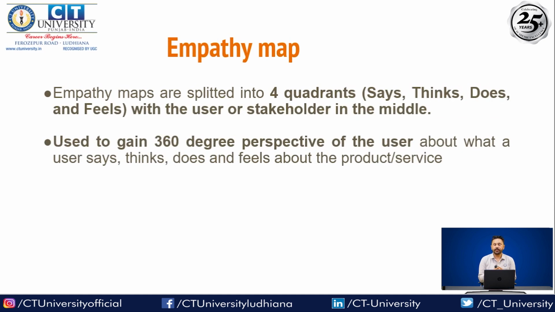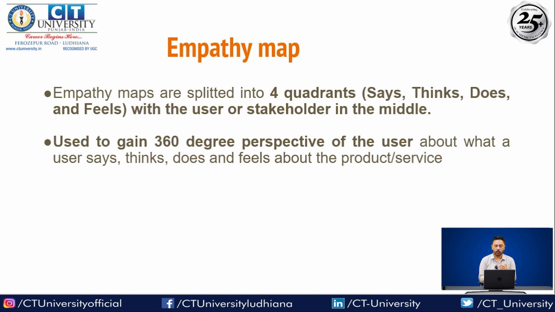The empathy map is decomposed into four quadrants: says, thinks, does and feels, with the end user, the stakeholder, in the middle.